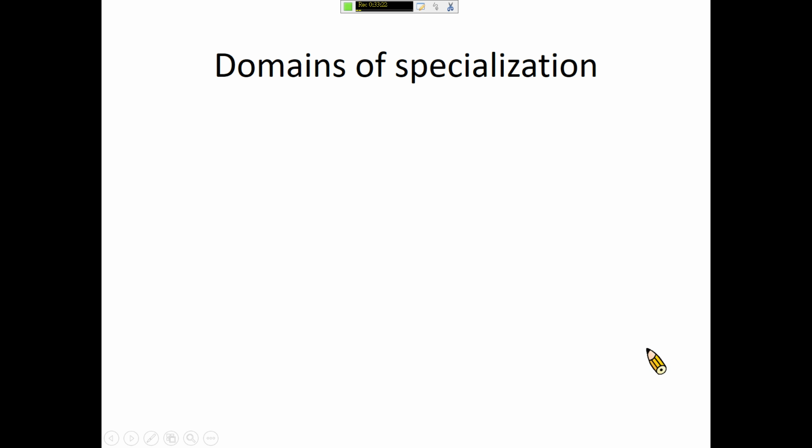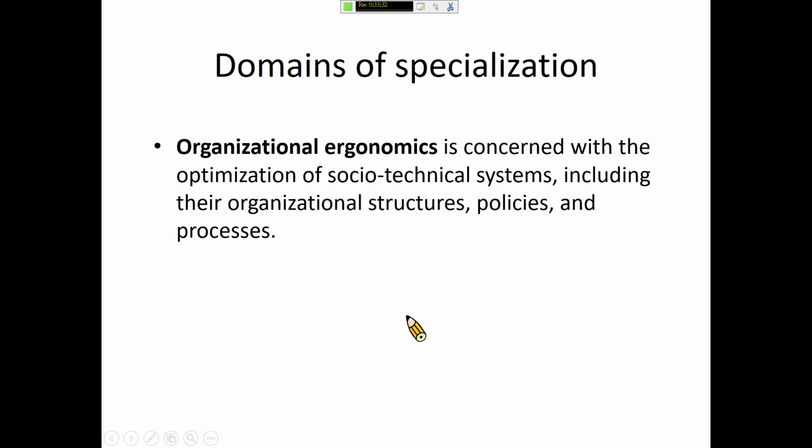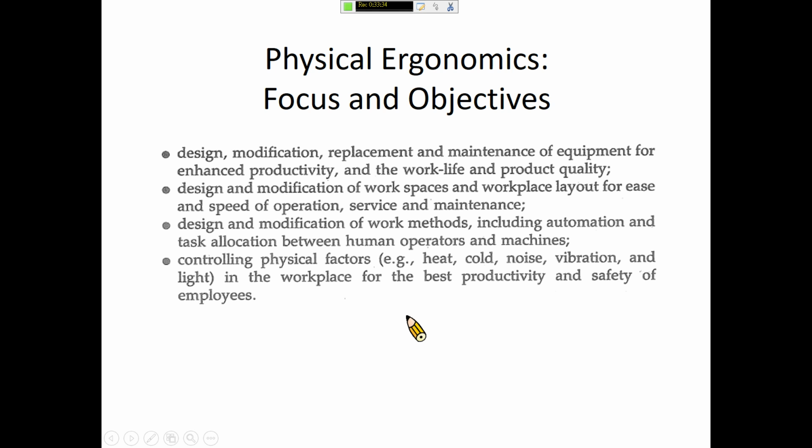But that's not the main theme of this course. Let's come back to physical ergonomics. One person ergonomics. In physical ergonomics, we are concerned with the design, modification, replacement, and maintenance of equipment for enhanced productivity, work life and product quality.